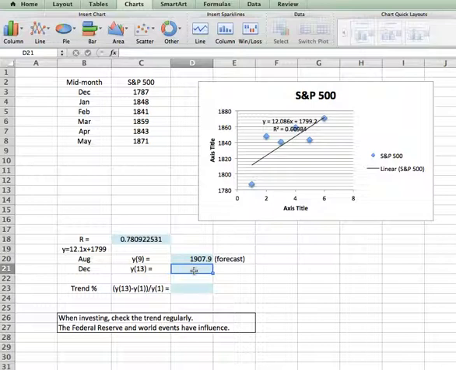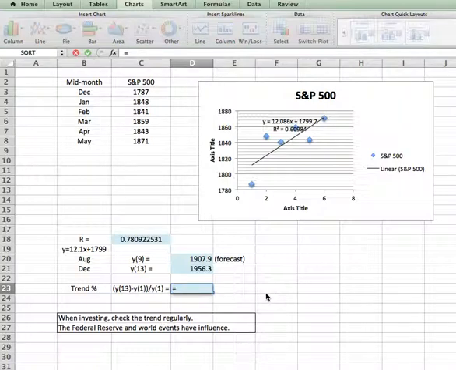I also want to calculate a year into the future because I'm going to use this to calculate the annual return. So for this I need y at 13. 12.1 times 13 plus 1799, and so that number is 1956. Now to calculate the annual percentage return, I'm going to need that number, that y at 13.